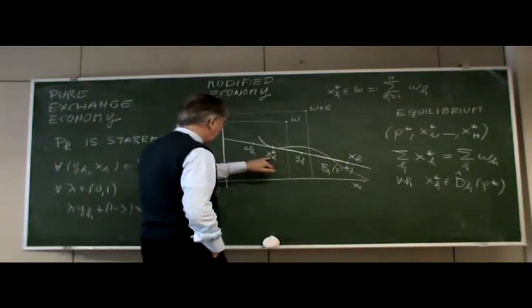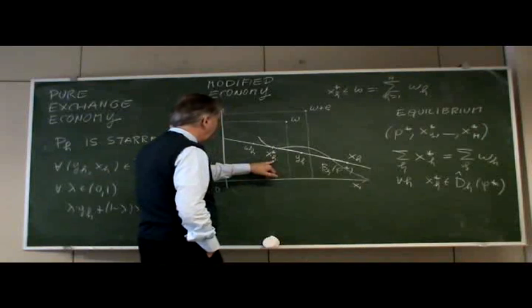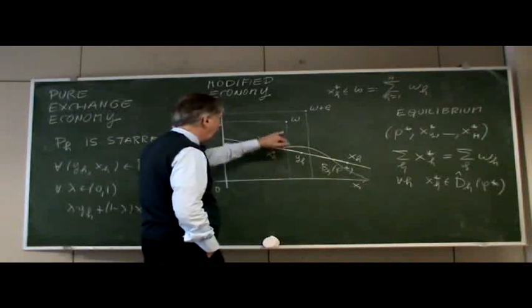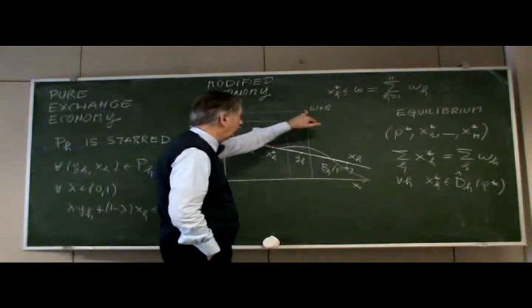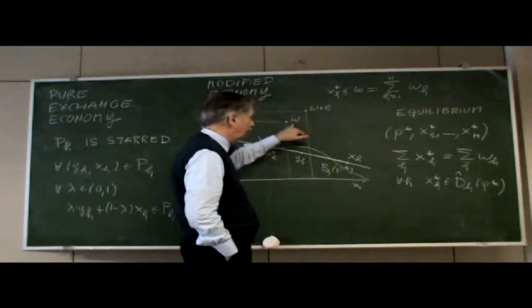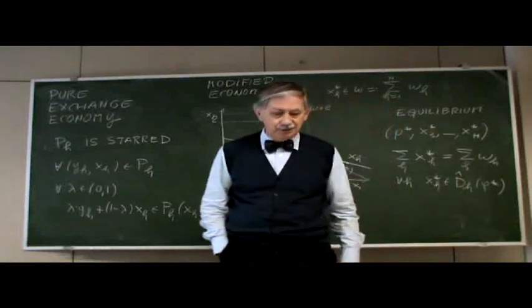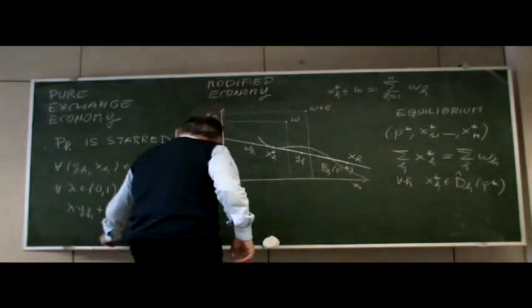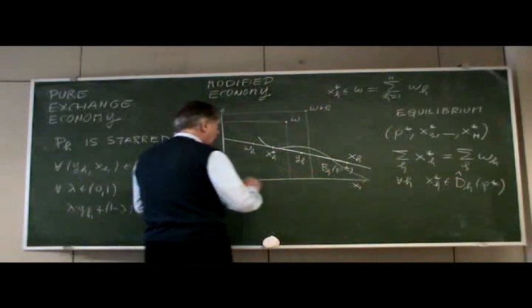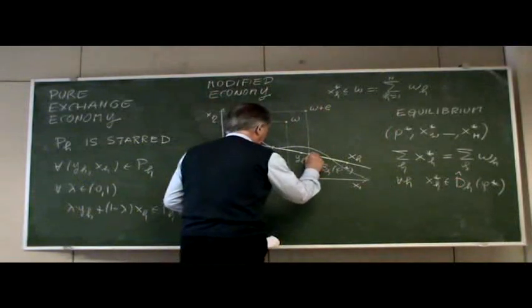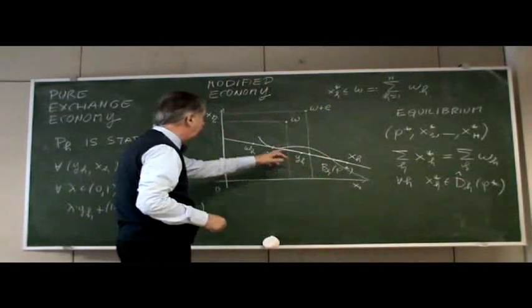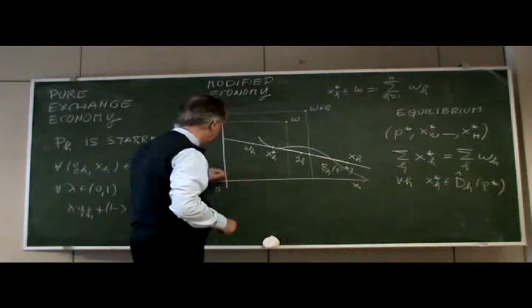Note that X star H must have all the components less or equal than omega, not only of omega plus E, but also of omega, because of this equality. So the problem is that X star H cannot be in this point. It must be an interior point of this large set.